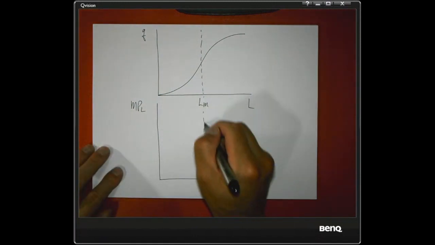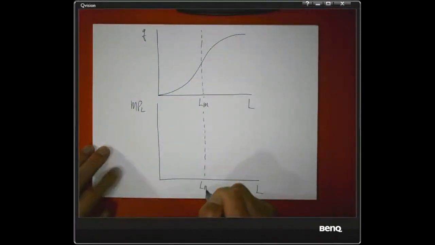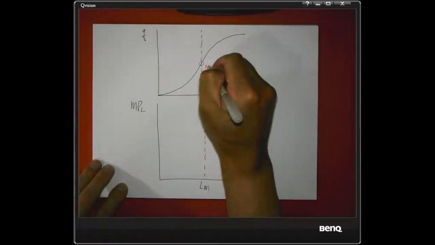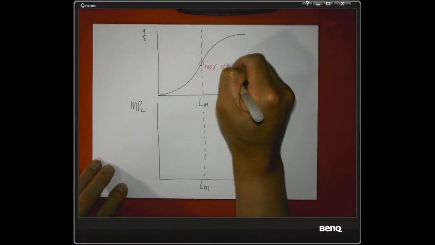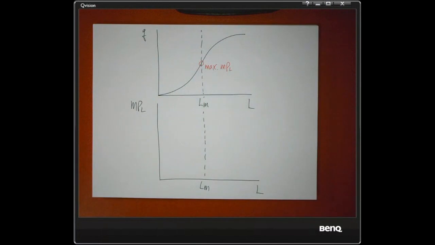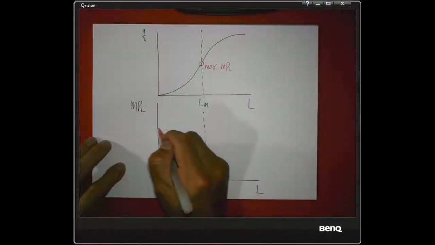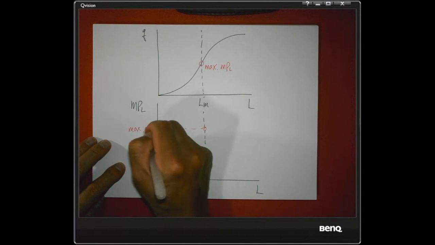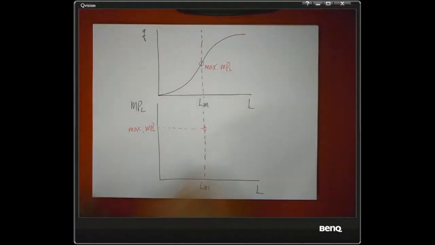So suppose this is the labor input LM, in which we said this is where we get the maximum marginal product of labor.